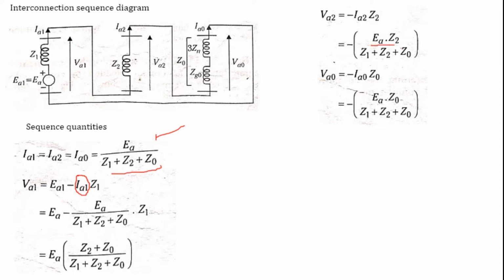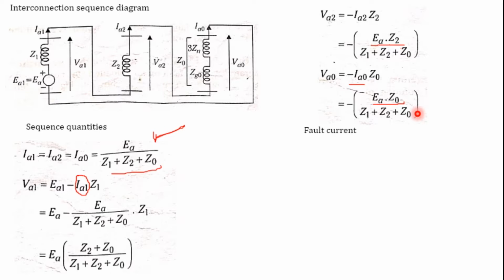So the equation becomes EA multiplied by Z2 divided by Z1 plus Z2 plus Z0. Similarly VA0 can be written as minus IA0 Z0. Substitute this. What is the IA0 value? The IA0 value is the same, EA divided by Z1 plus Z2 plus Z0. So it is nothing but EA multiplied by Z0 divided by Z1 plus Z2 plus Z0.